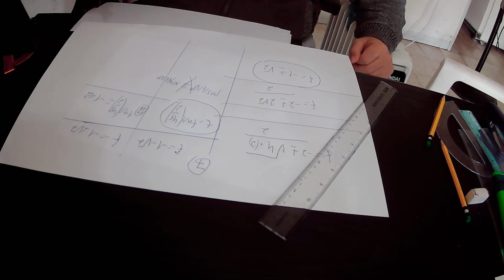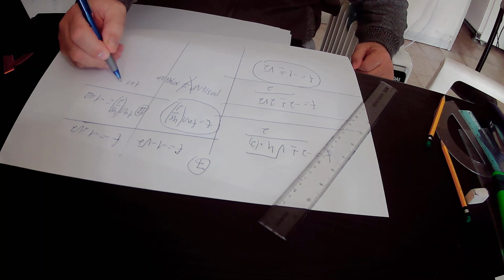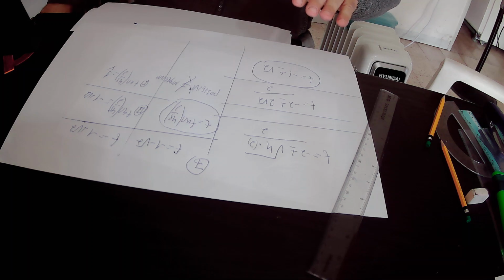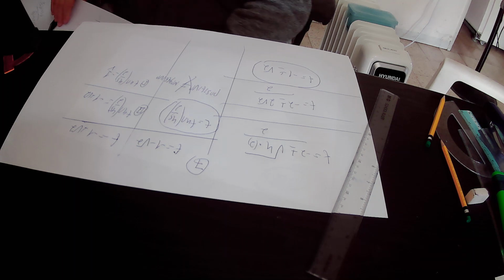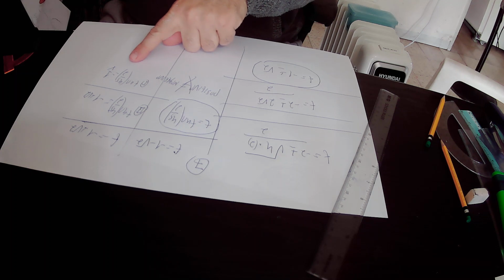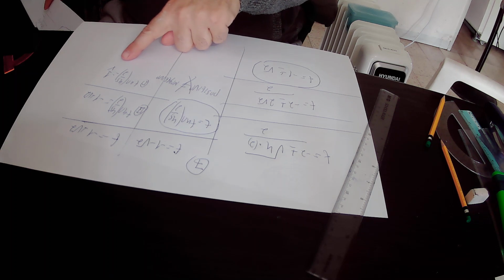While according to equation number 1, we have already found out that tangent of 45 degrees over 2 equals 1 over x.